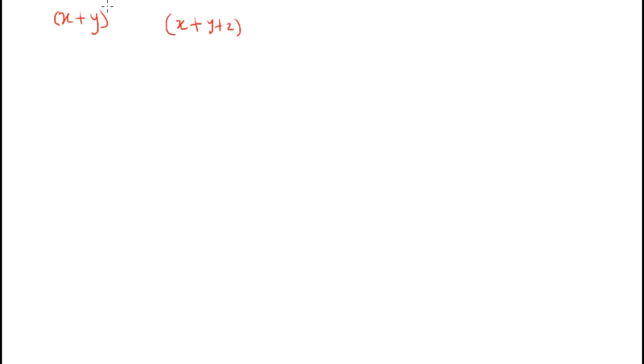So let's say we have 2 right here. If we want to expand x plus y raised to power 2, we'll have something of this nature. This is a very common expansion.